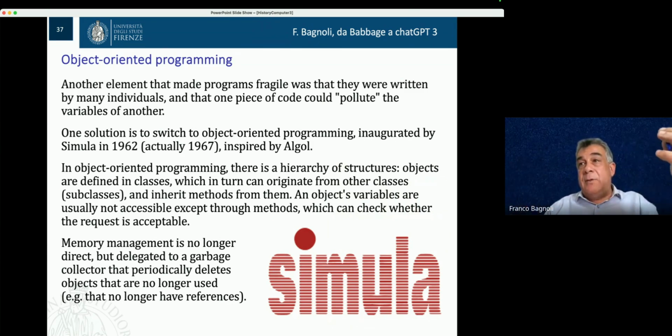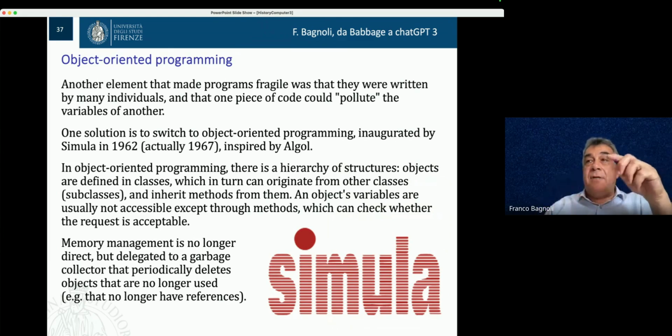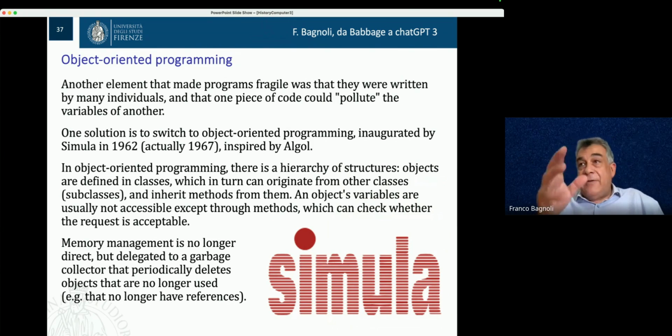Not directly manipulating variables, but asking the right method to change some value, so that the method designed by the writer of the object could check if everything is okay, and so on. So essentially, this is the idea of object-oriented programming, and the birth of languages like Simula, which then originated all kinds of object-oriented languages.